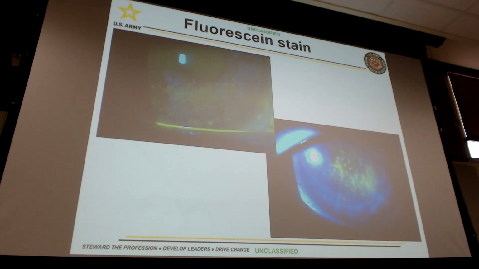If you have epithelial defects, whether that's because you've got severe dry eye or you have a corneal abrasion or anything like that, we'll put a little dye in your eye called fluorescein, and this fluorescein stain will embed itself within the epithelial defect, and then we'll shine that blue light on the eye, similar to using a Wood's lamp, if you guys have one of those.